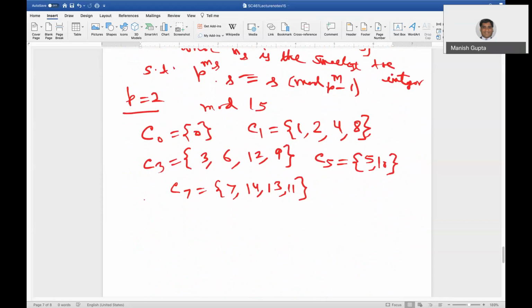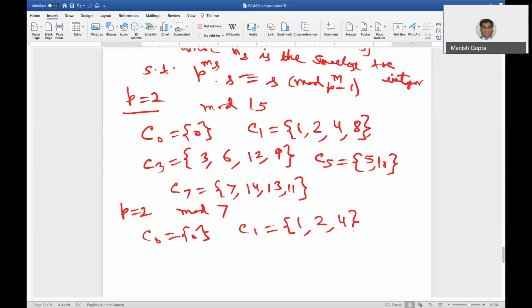I think we take another one, when p is equal to 2 and we are looking at modulo 7, suppose. So C0 will be 0. C1 will be 1, 1 into 2 is 2, 2 into 2 is 4, 4 into 2 is 8, modulo 7 is 1.